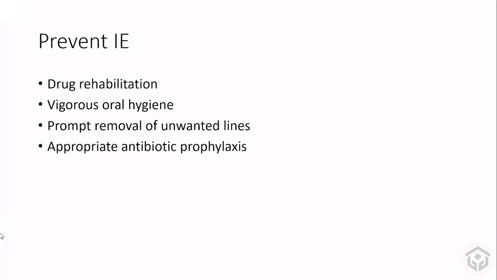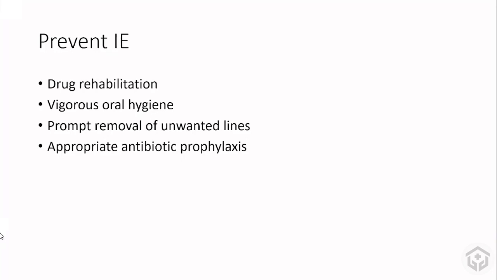The last topic is the prevention of infective endocarditis. We have seen some risk factors. Some risk factors are non-modifiable, such as structural heart disease or septal defects, which we can't modify.